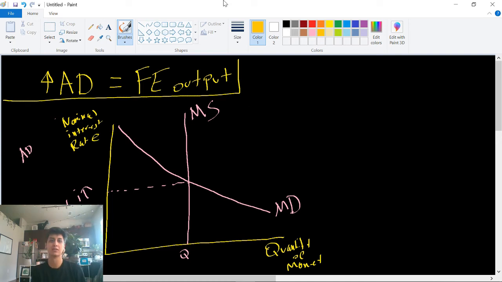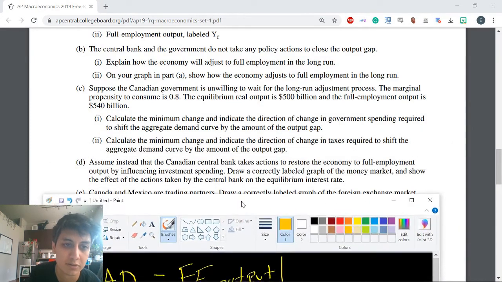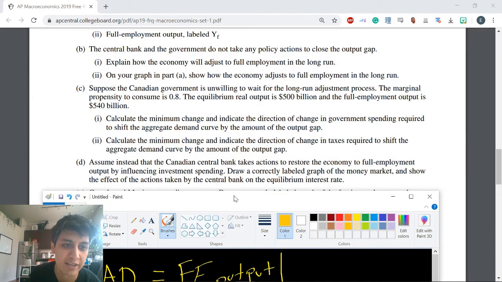Now let's go back and look for some clues. Well, first clue right here. It says, assume instead that the Canadian Central Bank takes action. Who is acting in this scenario? It is the central bank. It's not businesses who are acting. It's not consumers who are acting, right?